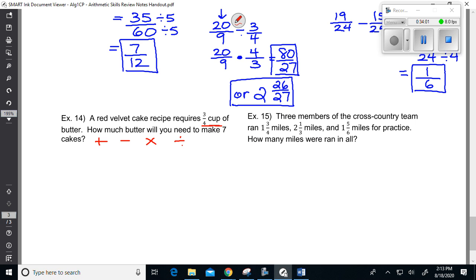This is multiplication. For 1 cake, you need 3/4 of a cup, but you need to make 7. So you're going to take 3/4 and multiply it times 7. So this is a multiplication problem.